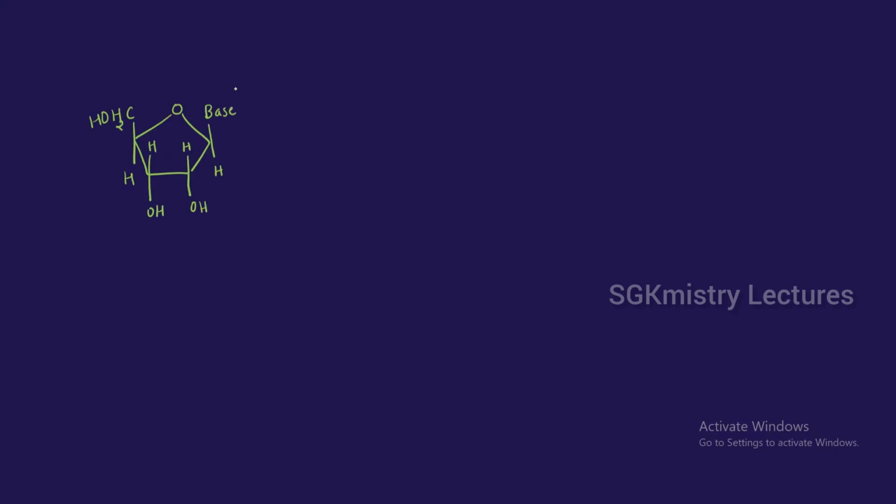Whatever the base that we have taken, it can be adenine, guanine, whatever it is. Any one of those bases will be attached to this particular ribose structure in this position. So here we have sugar plus base. So that's why this is the structure of a nucleoside.